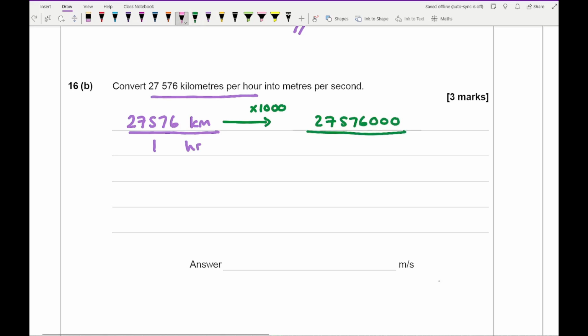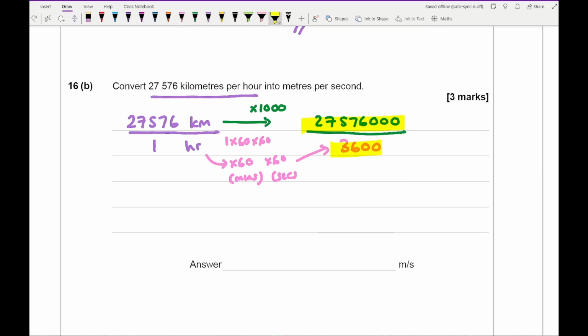Then to convert hours into seconds, if I multiply by 60, that will give me minutes, and then if I multiply by another 60, I get seconds. So 1 times 60 times 60 gives me an answer of 3,600.